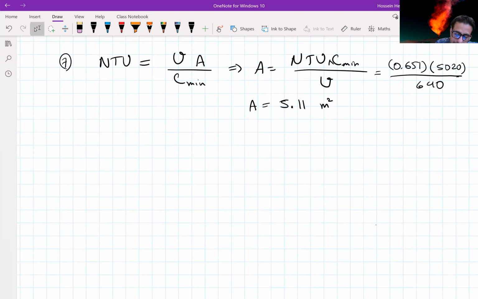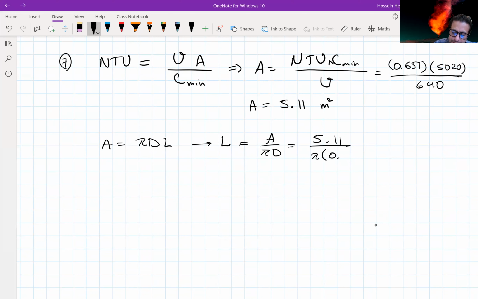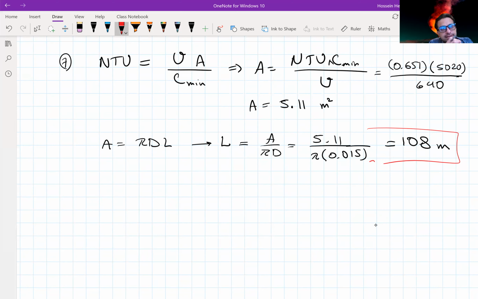Having that, I can say A is pi D L, and L is going to be 5.11 divided by pi times 0.01. So it's giving us 108 meters. So if we really want to heat the water from 20 to 80 degrees at the rate that we have, we would need a double pipe heat exchanger of over 100 meters.